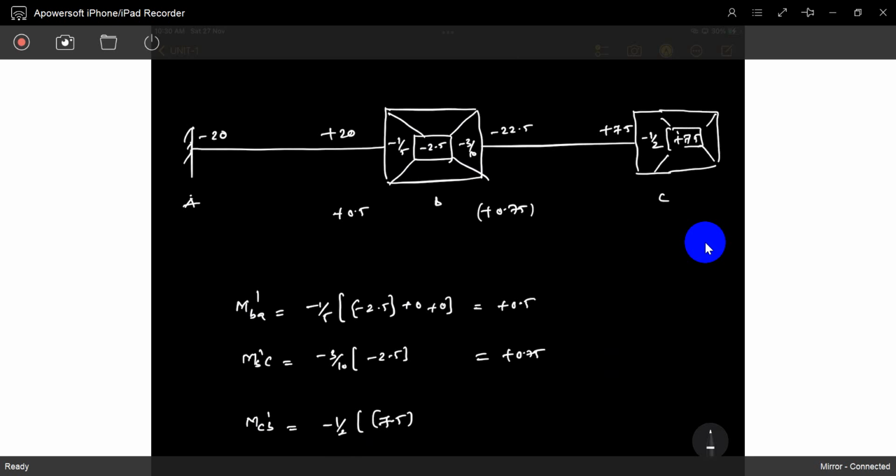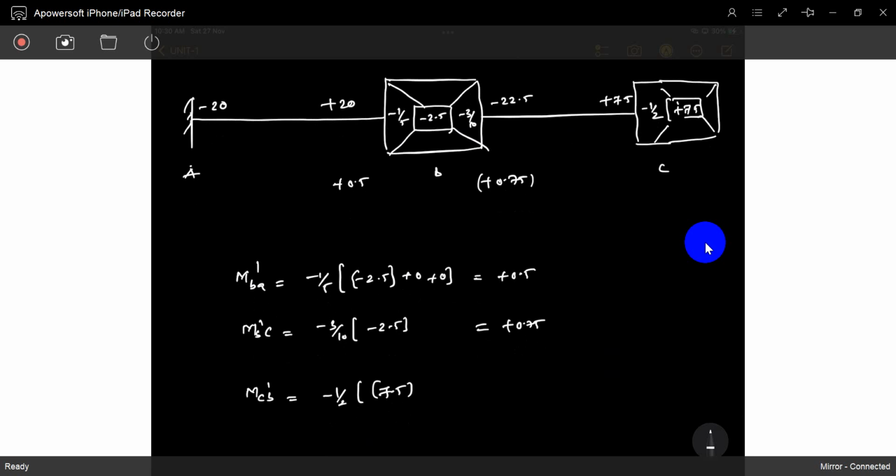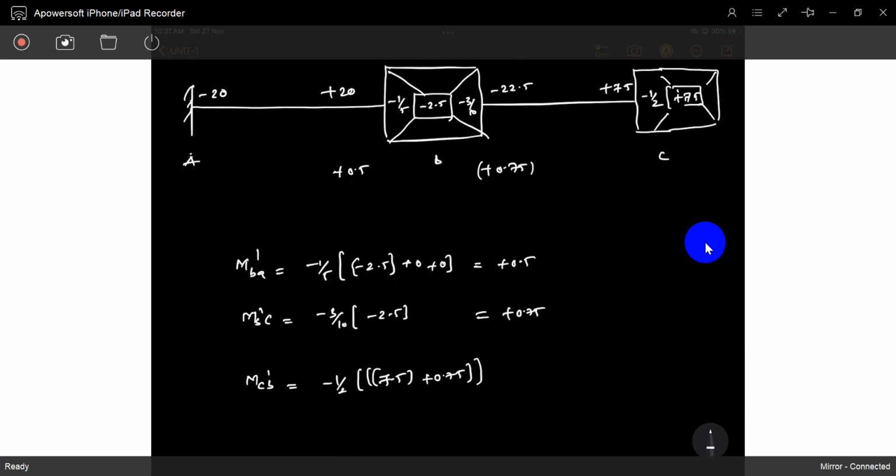What is the far end? C has a far end of only B because C is connected with B. Far end contribution is what? 0.75. Understood? So 7.5, 0.75. Answer divided by 2, you will get 4.125.